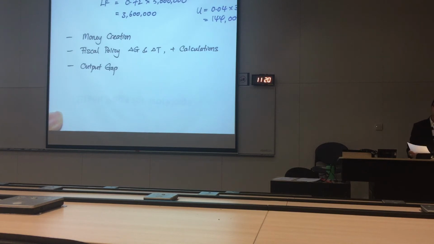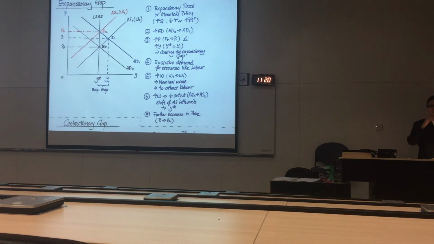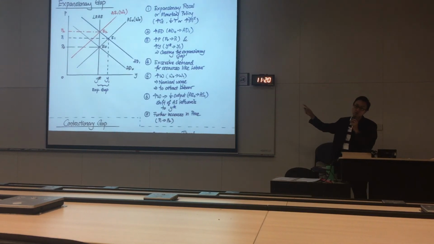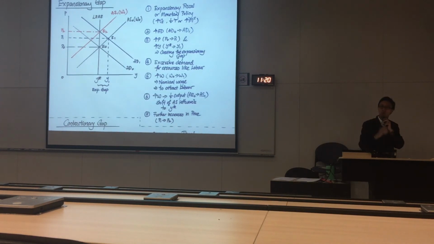I suspect it could be either of these two, which we did a very comprehensive discussion on. It could be an expansionary gap, which is what you see there. You might therefore have to draw out your AS, ADs. For the AS, you might have to have an upward sloping short run version. You might also have to have that long run vertical line. So, don't know, they only say gap, they never say what type of gap.